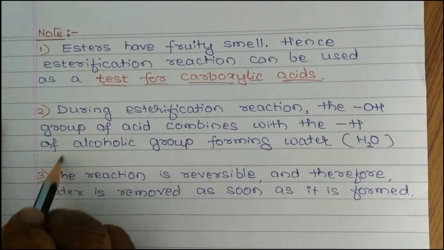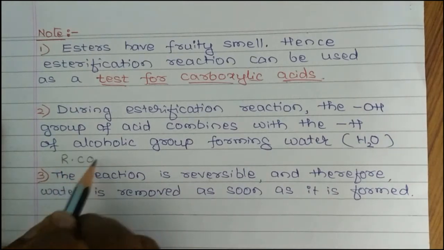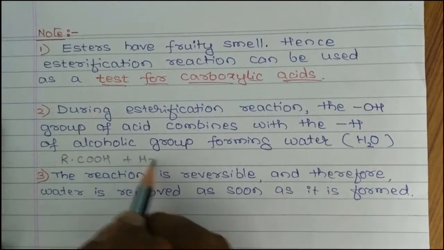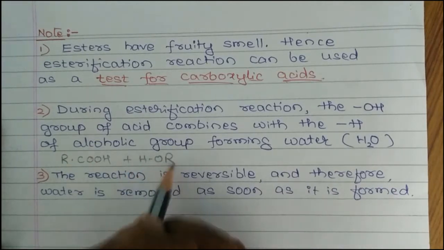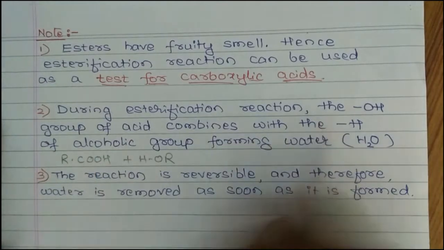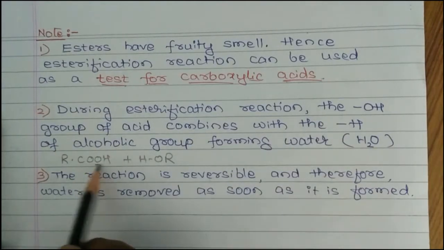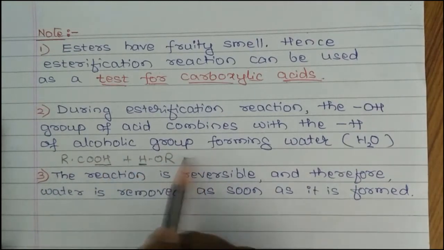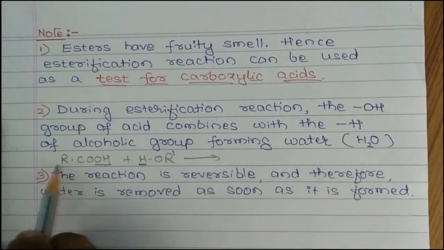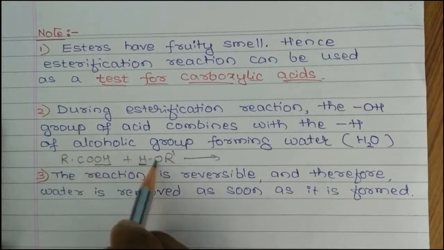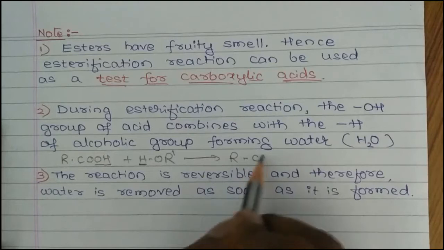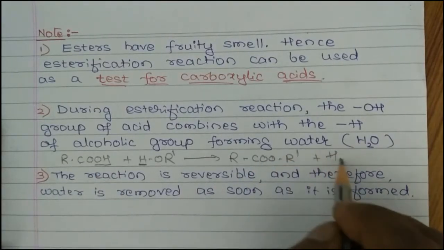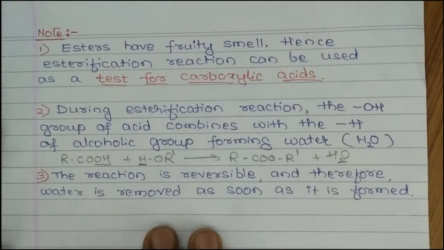Suppose this is carboxylic acid RCOOH plus alcohol R'OH, you are going to get RCOOR' plus H2O. So elimination of water molecule takes place like this.